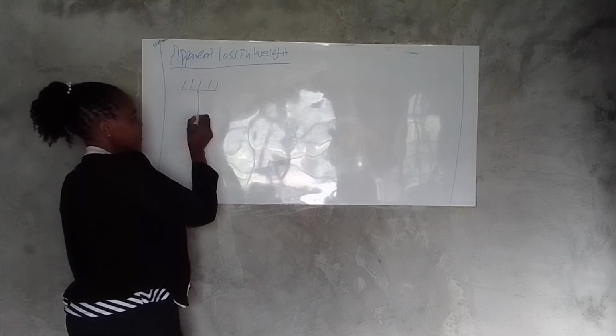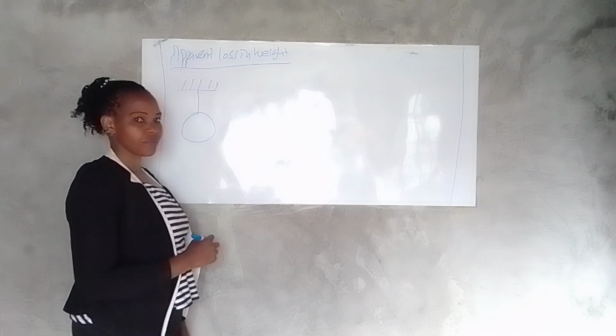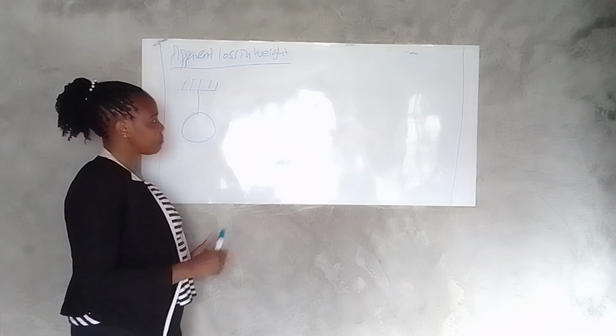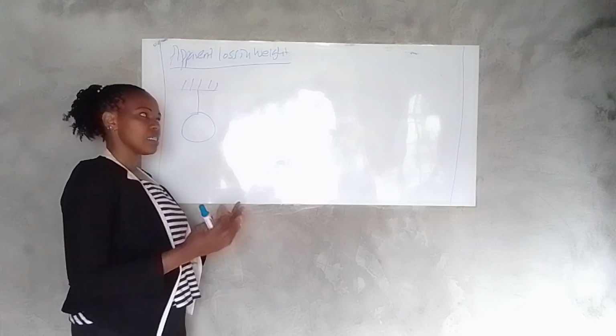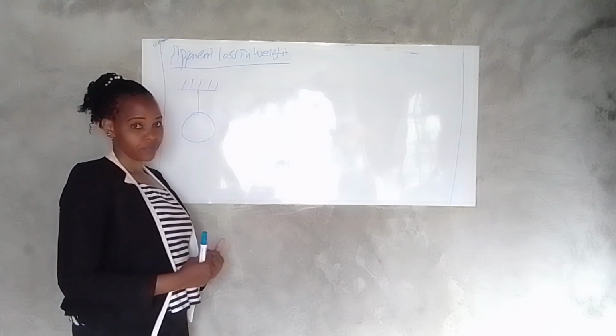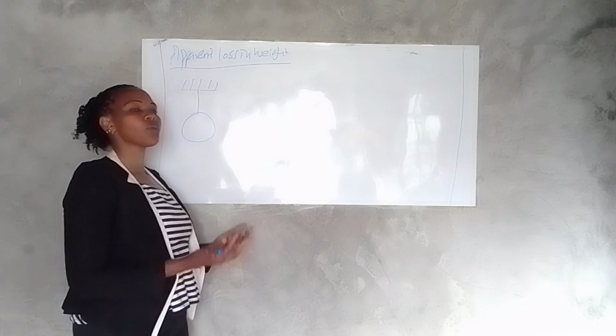Now let's take an example. If you have an object that is hanging freely in air, it is experiencing an upthrust due to air, because air is a gas, so it has its own upthrust.